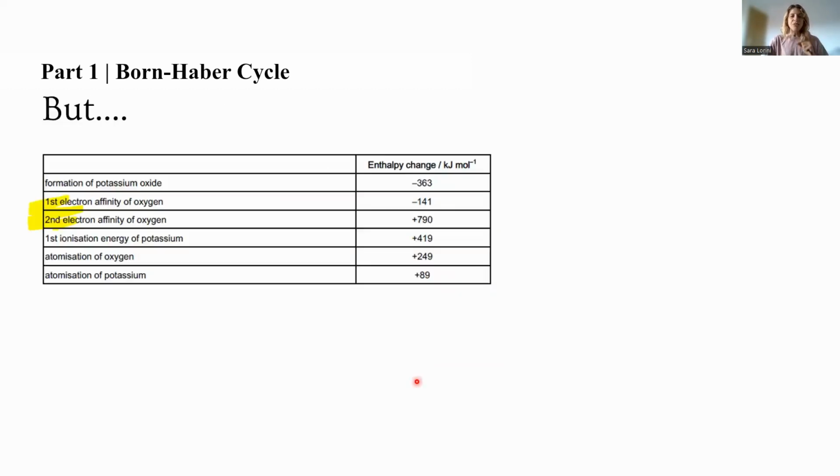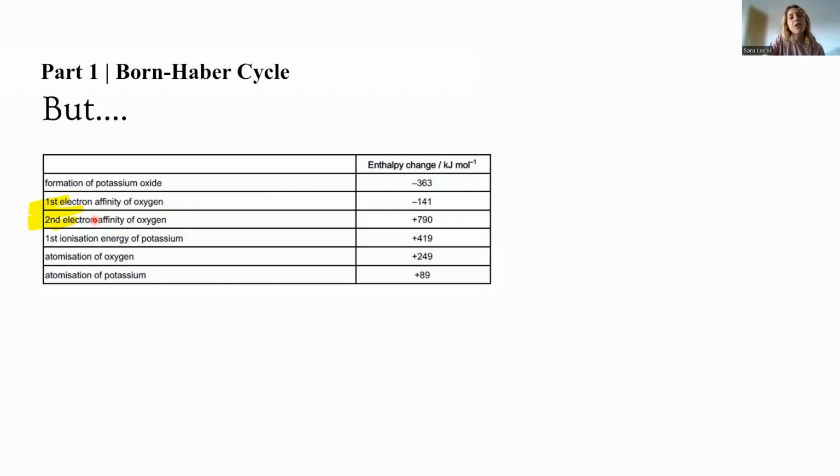Okay. Now there is a bit more complex one, and this is from exam papers, just the table with the values. Notice that here you're given just the name, so you need to be able to translate that into an equation. Very important. But sometimes, for example, oxygen is a 2- ion, so it's going to have 2 electron affinities. So it's going to be another step.